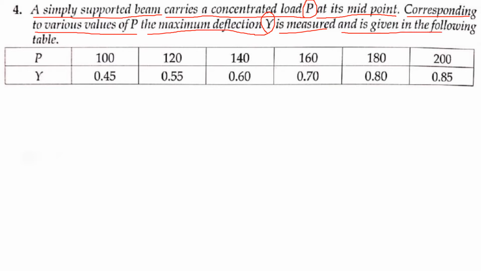So here Y is the dependent variable and P is the independent variable. That is, in the place of X they have given P and in the place of y we have capital Y. So these are the values of the independent variable and these are the values of the dependent variable.